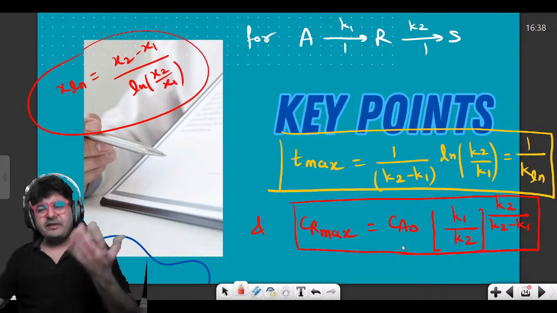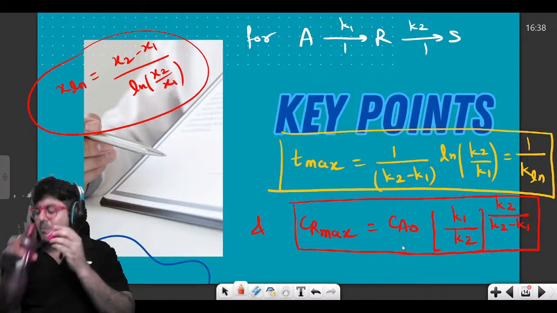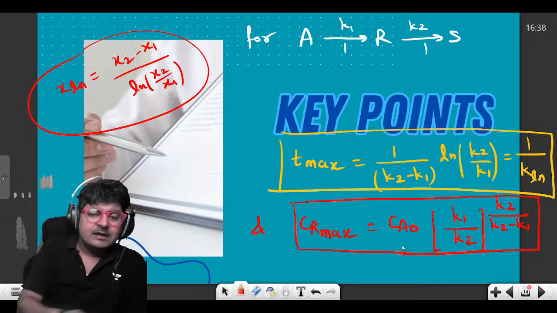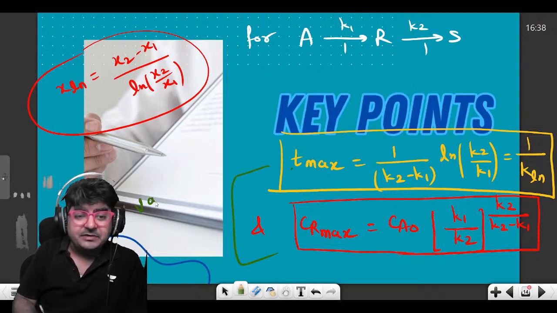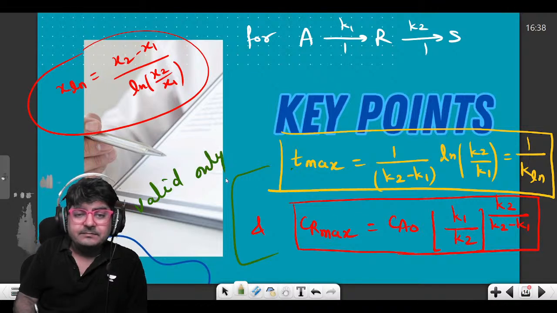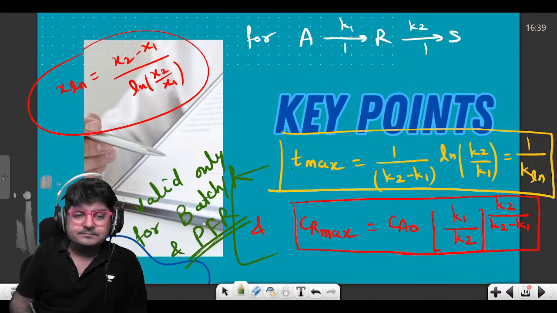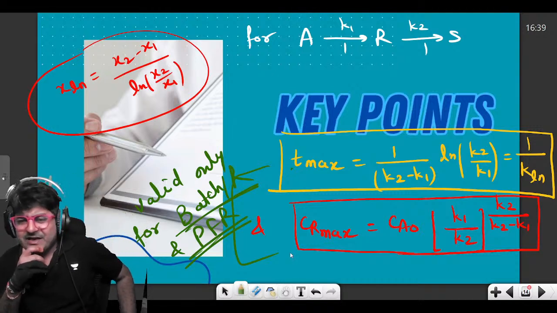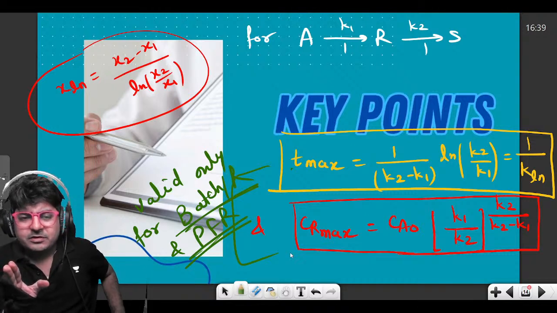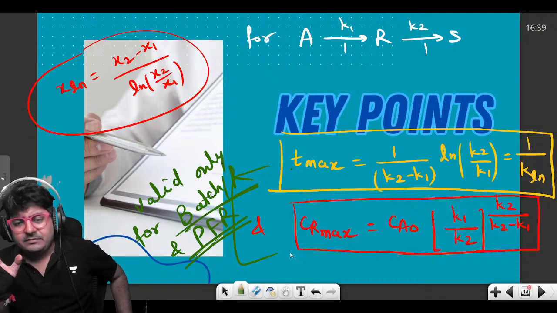So now you learn to derive this or learn to write the equation, just the equation should be known. And you should know the most important thing, that these equations are valid only for batch reactor and plug flow reactor. Okay, you will say sir, this is the kinetic equation, where did batch reactor and PFR come from? If you use the design equation of batch reactor, if you use the design equation of PFR, the same thing will be there for the same reaction.